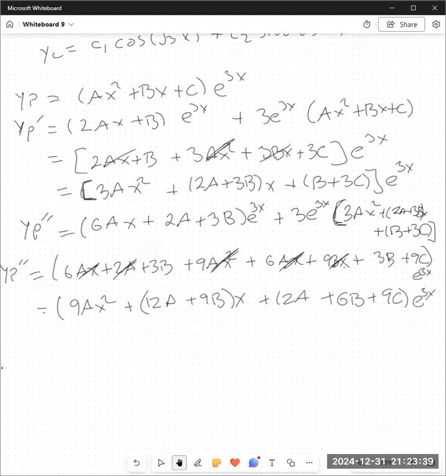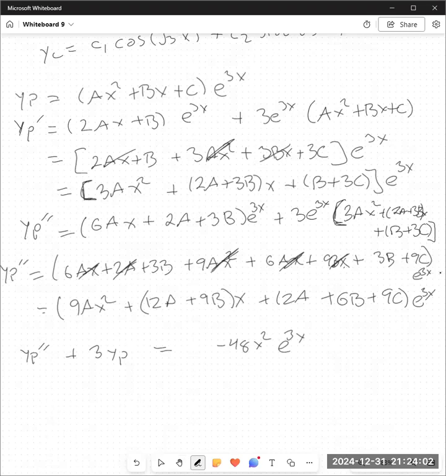So now I want yp double prime plus 3yp, and that needs to be equal to negative 48x squared e to the 3x. This looks really messy, but you're going to see a bunch of stuff drop out in a second.